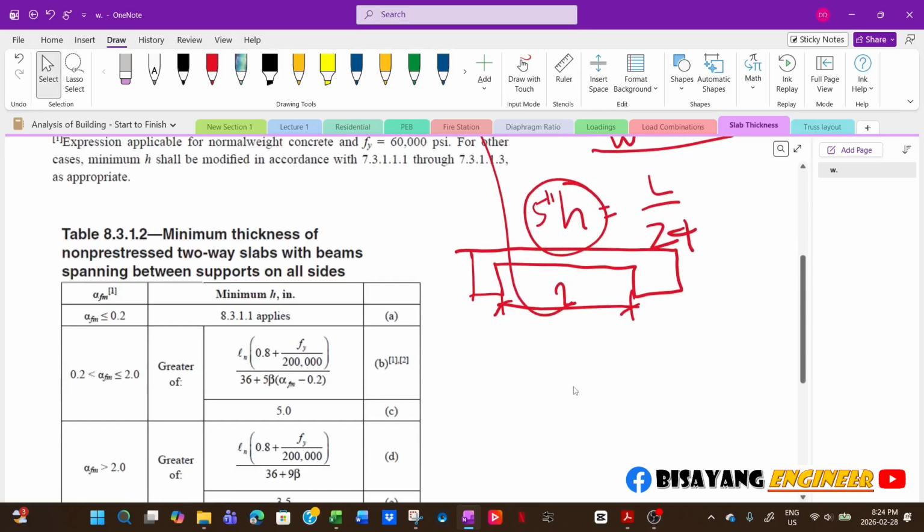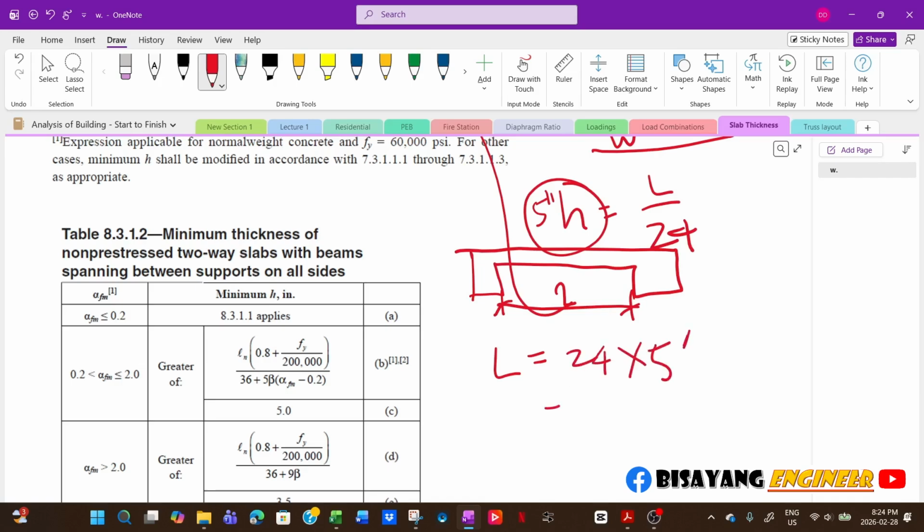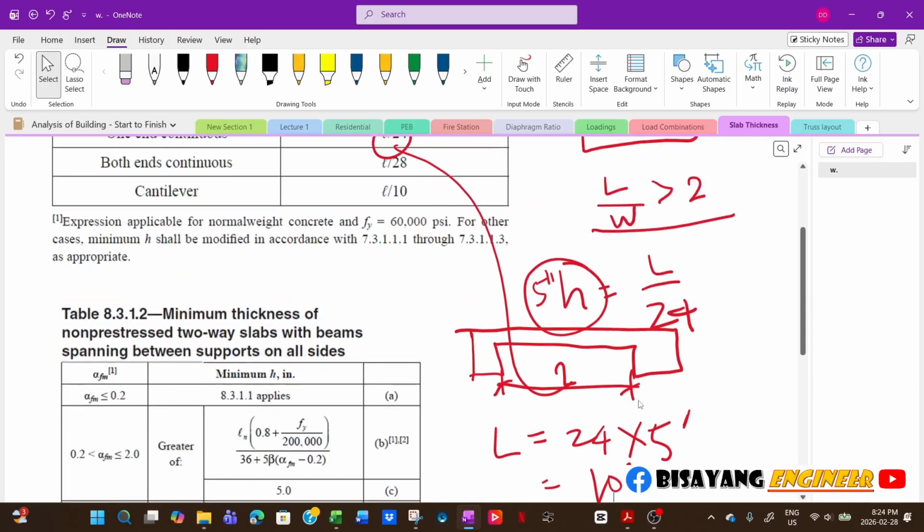So that means your maximum length would be 24 times 5 inches, which is 10 feet. So for this to have a slab thickness of 5 inches, assuming this is a one-way slab, now you are only limited up to 10 feet.